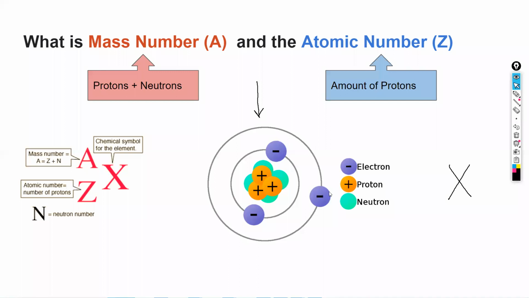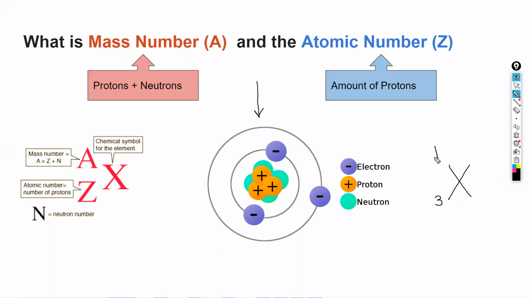Z represents the amount of protons. And in case you all don't remember, protons have a positive charge. So everything in orange is a proton. So it has 1, 2, 3. So the underneath number is 3.